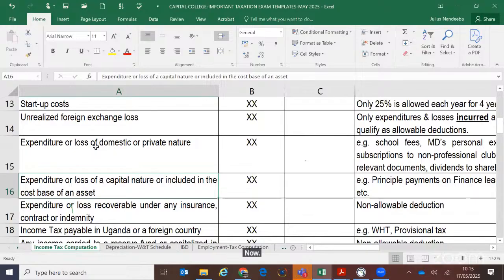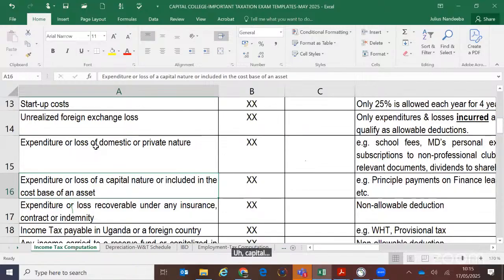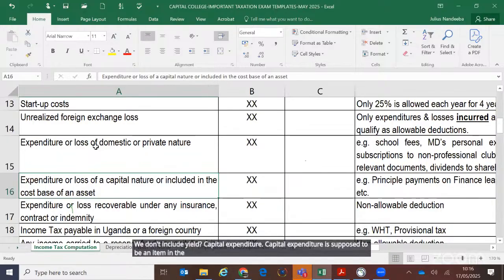Now, the other item that I want you to be cautious about, that can give you more than 2 marks, are capital expenses. We know that when we are preparing a statement of profit or loss, we don't include capital expenditure. Capital expenditure is supposed to be an item in the balance sheet, not so?